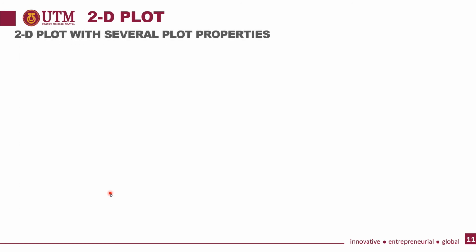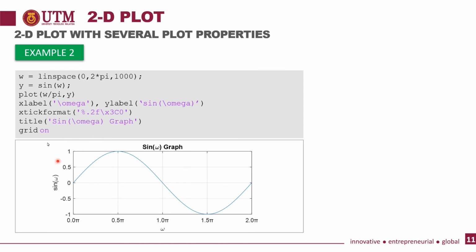Next is all about 2D plots with several plot properties. In this example, we are displaying a sine omega graph, with a title of sine omega graph, an x-axis label of omega, and a y-axis label of sine omega.